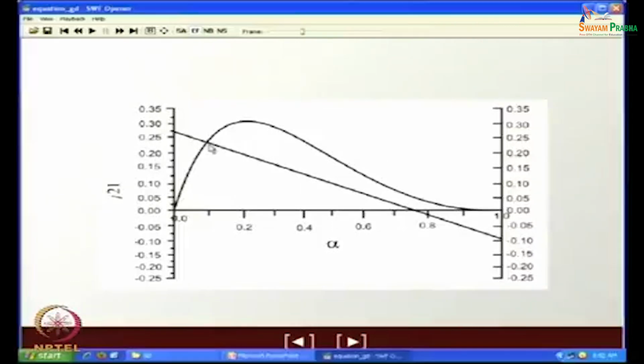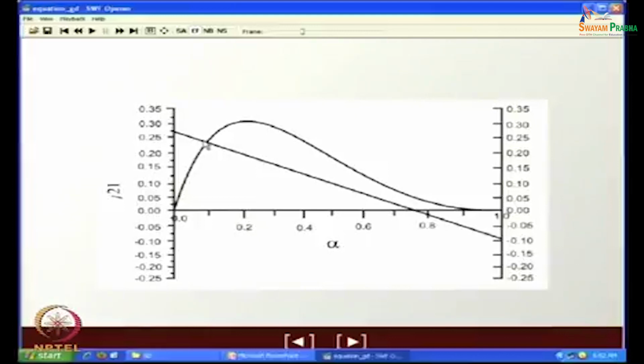Because this curve we have drawn, that is for a particular u infinity and n, we have drawn it for bubbly flow pattern. Accordingly, we have selected u infinity and n. Therefore, the point of intersection should be such that it lies in the bubbly flow pattern.